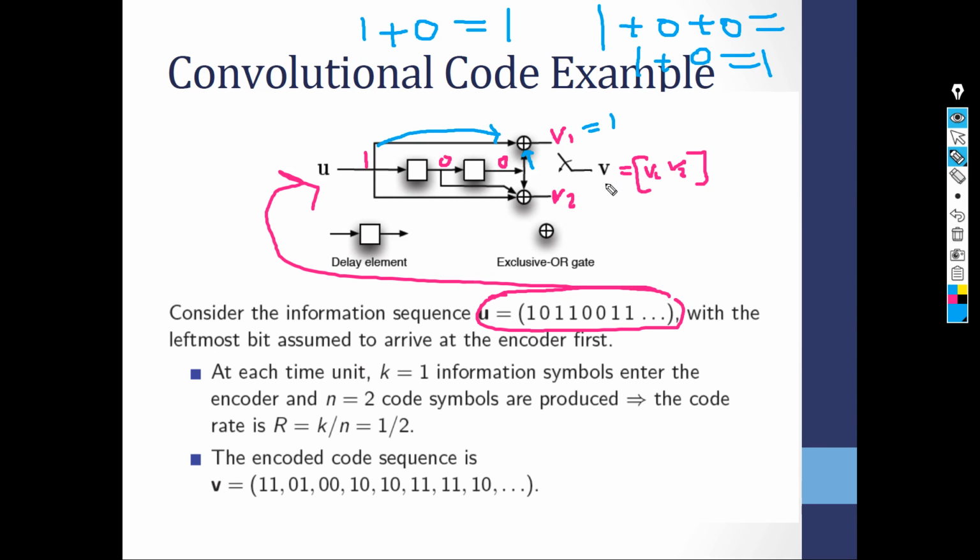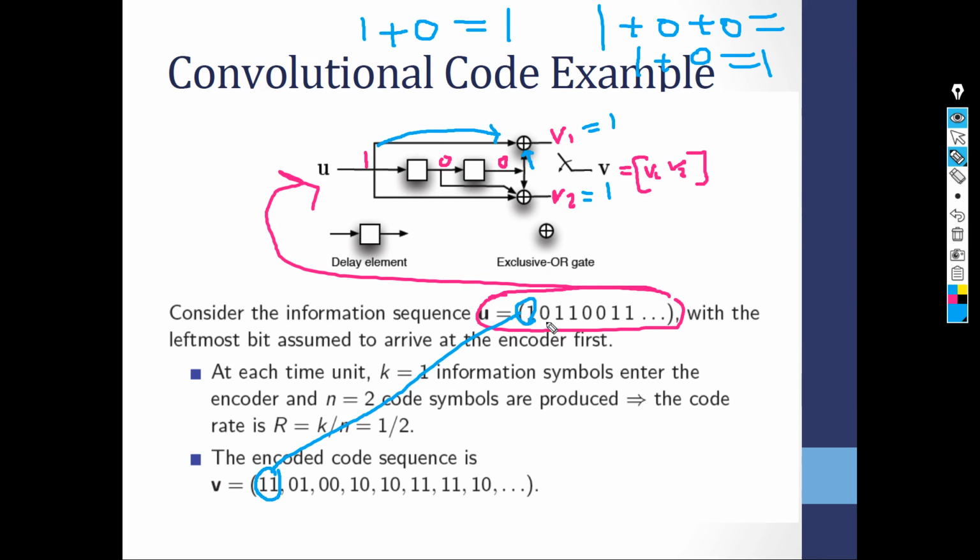Then the output V2 is also equal to 1. So when the first input bit is 1, the output will be 1 1.